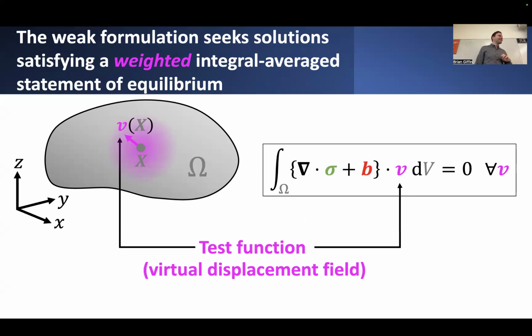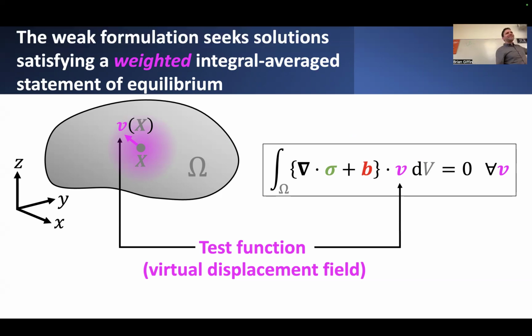We basically said, let's take this governing differential equation. It has to be equal to 0 everywhere, at every point in the domain. And if it's equal to 0 everywhere, I could just as easily say, let's take this function that's equal to 0 everywhere and integrate it over the domain, and maybe also weight that integral by some arbitrarily chosen test function.